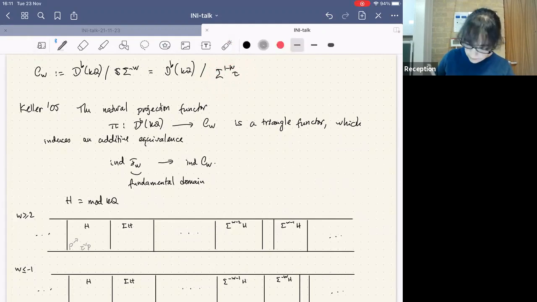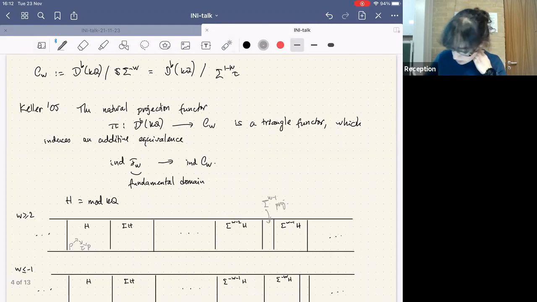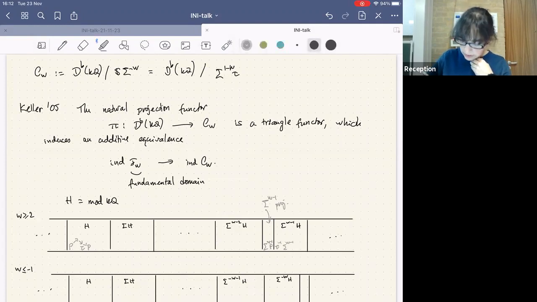So let's say this is shift W minus 1 of the projectives. Here is shift W minus 1 P, and then you do tau minus 1 of that. And so under this orbit category, this P is the same as this object.